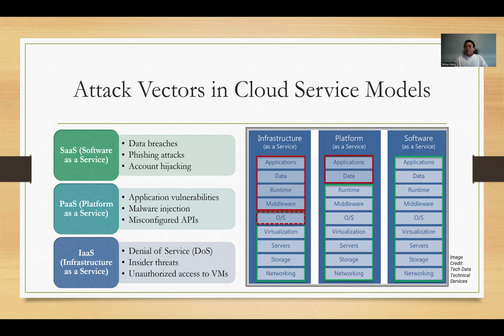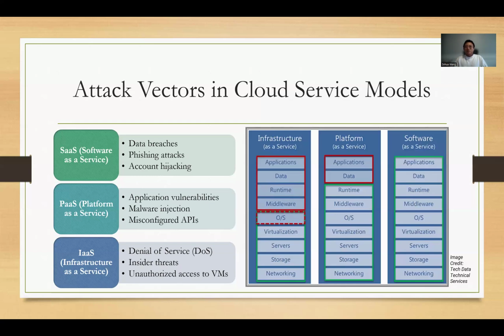For example, an employee clicking on a phishing email link could compromise login credentials, allowing attackers to access internal email chains, financial documents, or other shared resources. For Platform as a Service, or PaaS, vulnerabilities often arise from insecure APIs or poorly written applications.